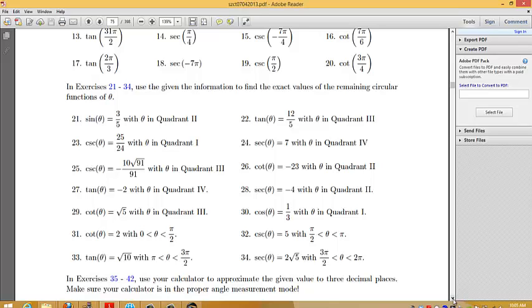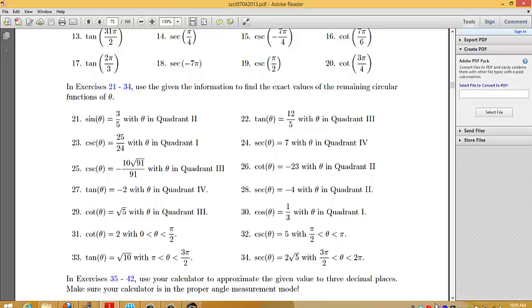Does that make a difference? Well, yeah, it does. The fact that they tell you what quadrant it is in tells you what your picture should look like, and it's going to matter for all the problems. Matter of fact, I'll also do 22 as an example. I think that'd be a nice one to do. So I'll do 23, and I'll also do 22.